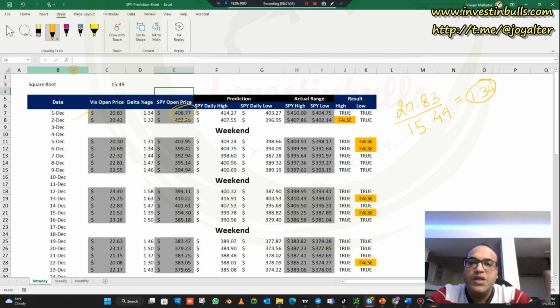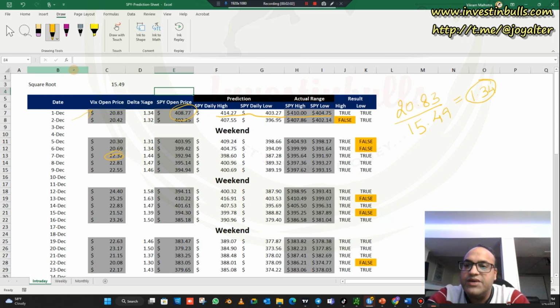That gives you the intraday range: on this particular day SPY can move within 403.27 to 414.27. And as you can see, on the same day SPY was moving within the range of 410 to 404.